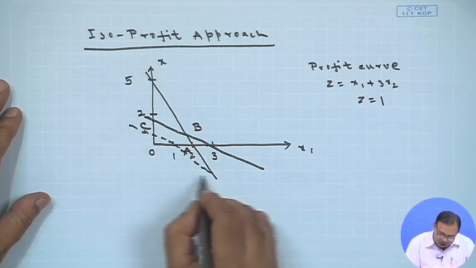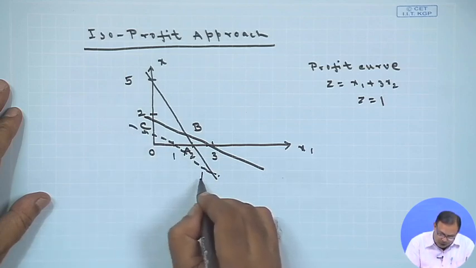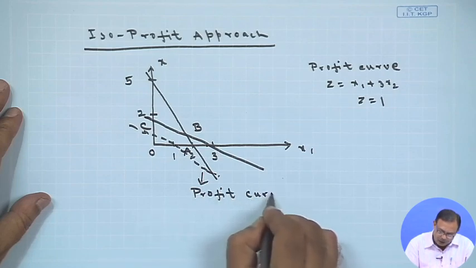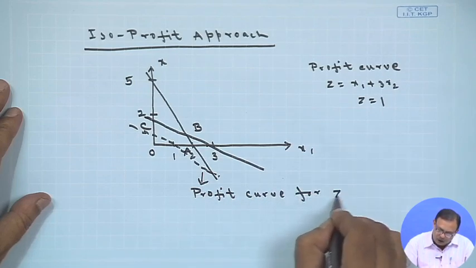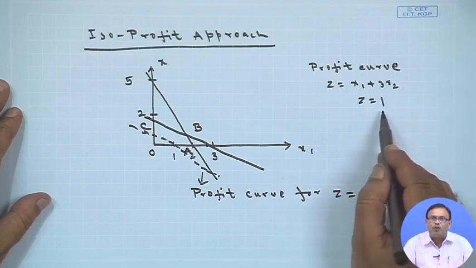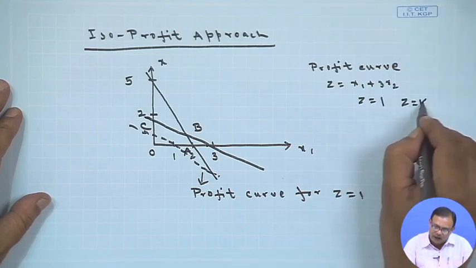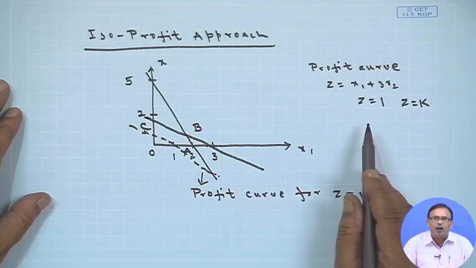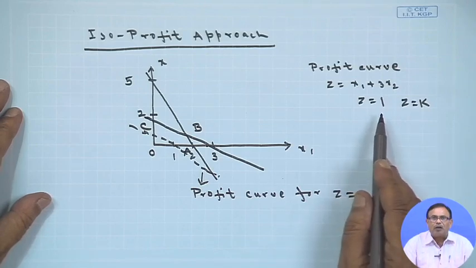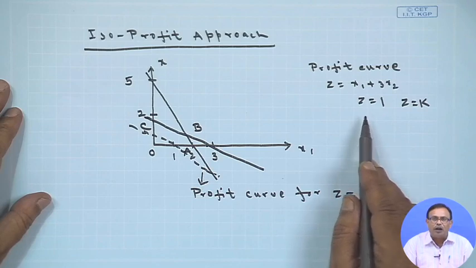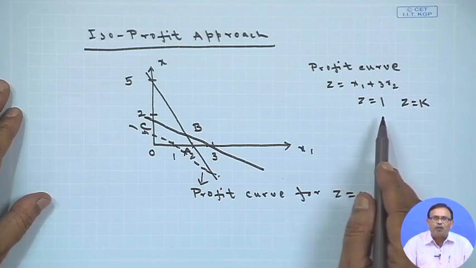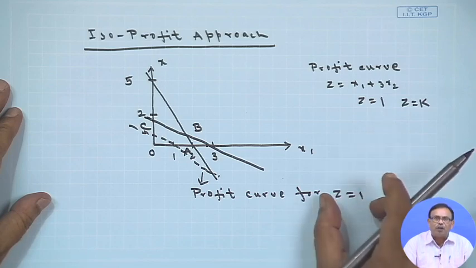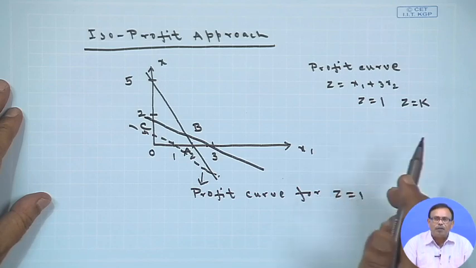This is the profit curve for z equals 1. Here z equals k can take any arbitrary value. We have taken it arbitrarily in such a manner that whenever I draw the line x1 plus 3 x2 equals 1, a portion of the line lies in the feasible region.